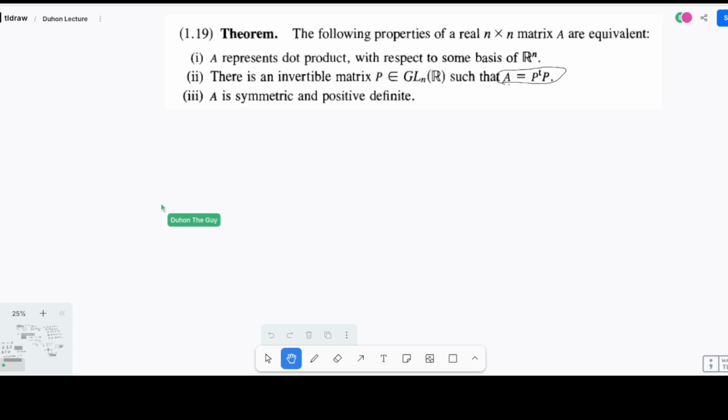So each one of the vectors of B is going to be of length 1, and they are also a basis. And they are also orthogonal, which means that each one of the vectors, when you do a dot product with themselves, is equal to 1.